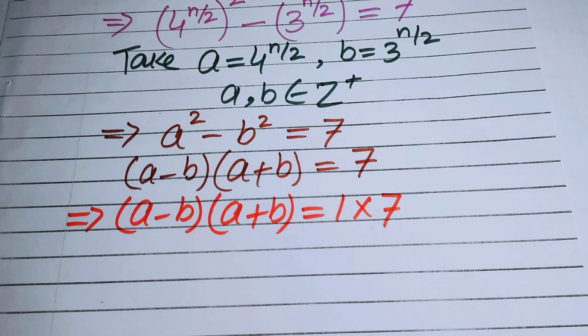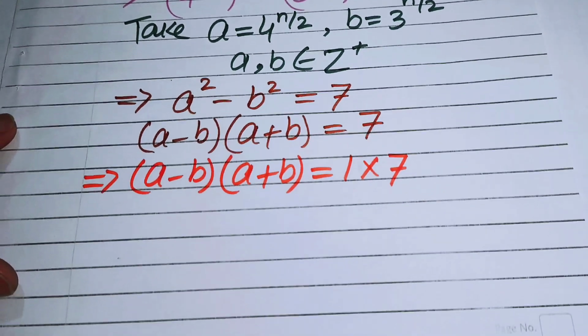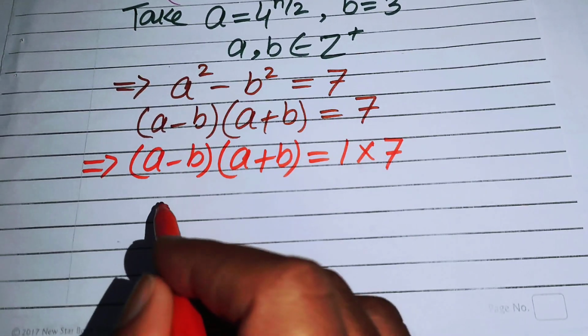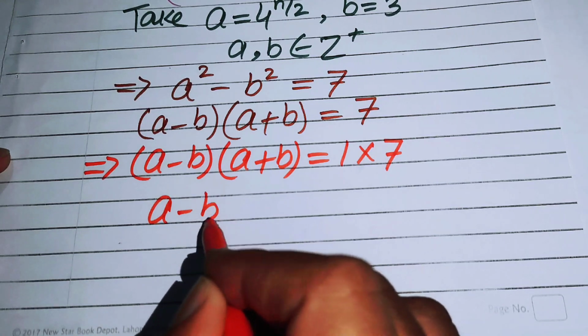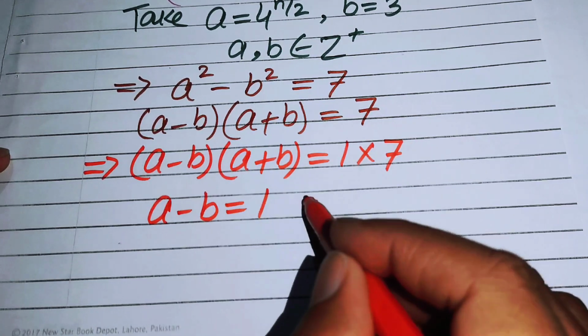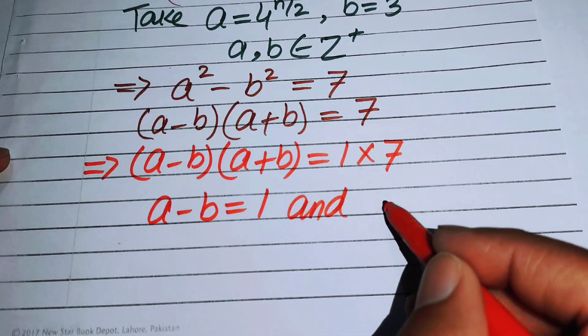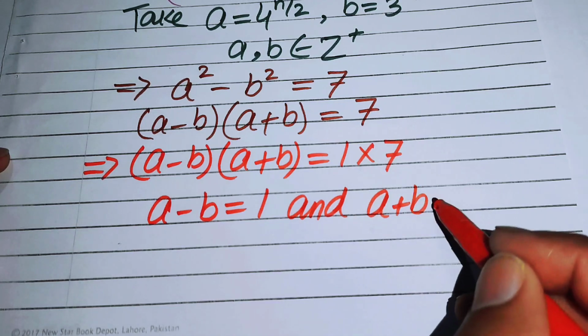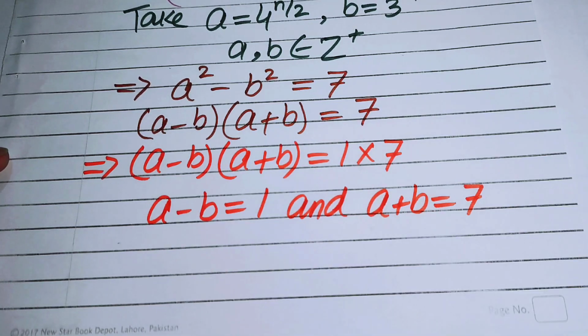I think we have only one factorization of 7, which is 1 times 7 or 7 times 1. So now we compare both sides, and we get a minus b equals 1 and a plus b equals 7.